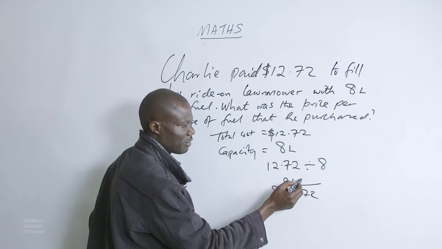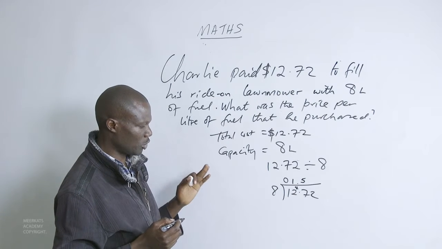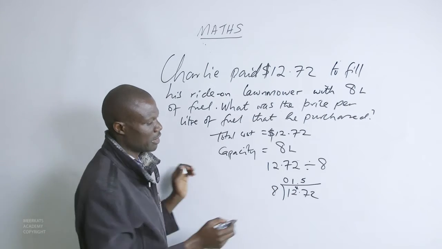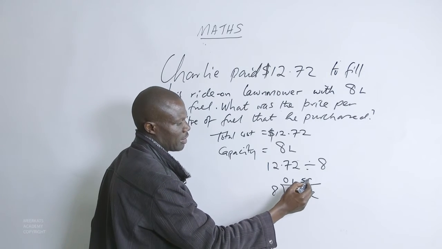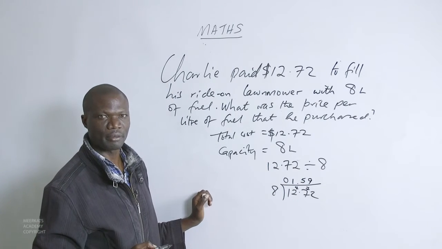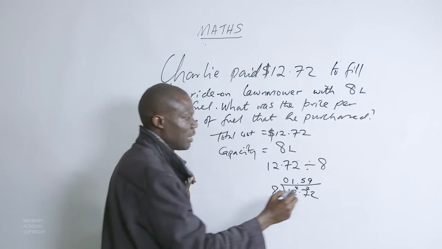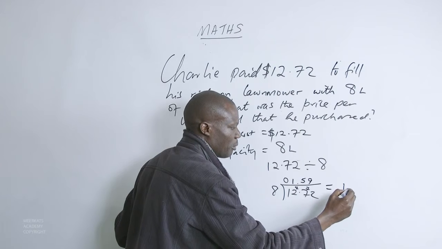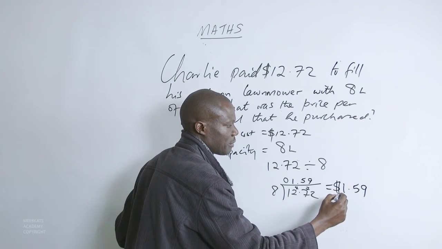This one will give us 5, which goes into 47, which gives us 40. And 40 will remain with 7 here. Then 72 into 8 gives us 9. So you'll find that now our price per liter this time becomes 1.59, but it is in dollars.